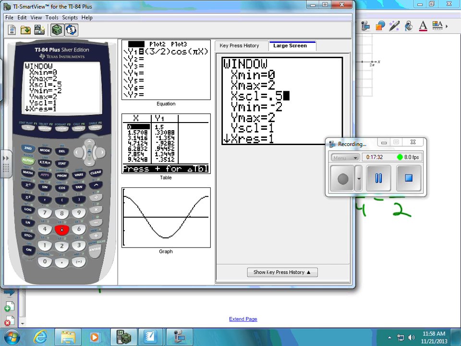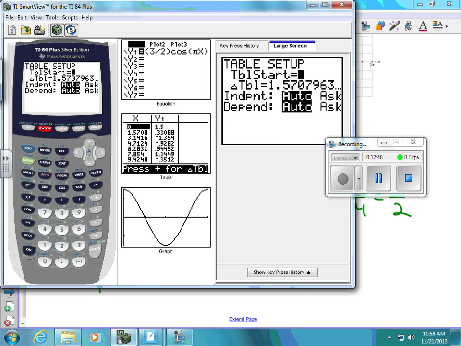And we can make y min and y max negative 2 to 2. That'll fit from negative 1.5 to positive 1.5, that's 3/2, which is our amplitude. When we go to our table set, we're going to start at 0 and go by 0.5s.